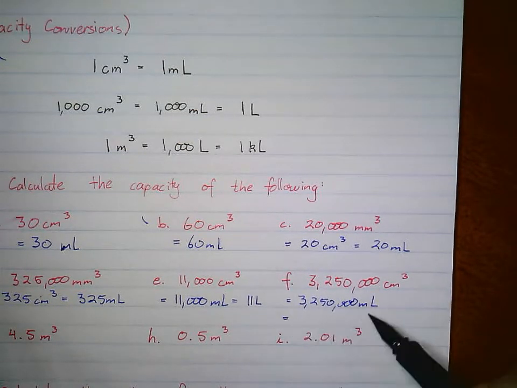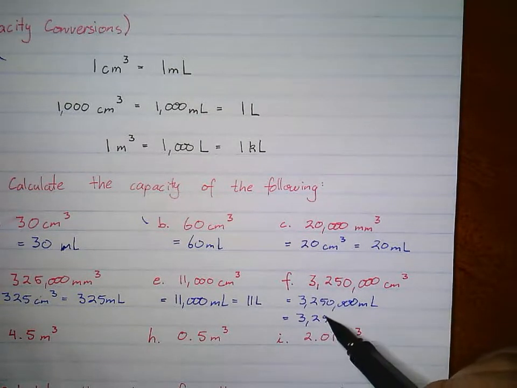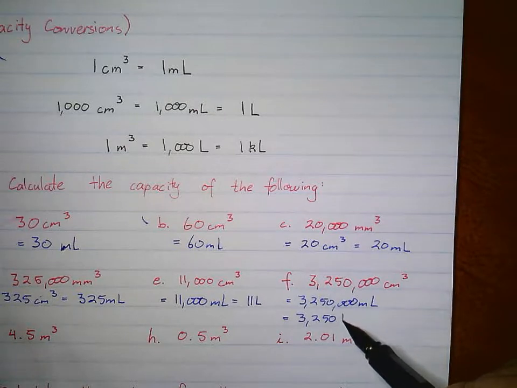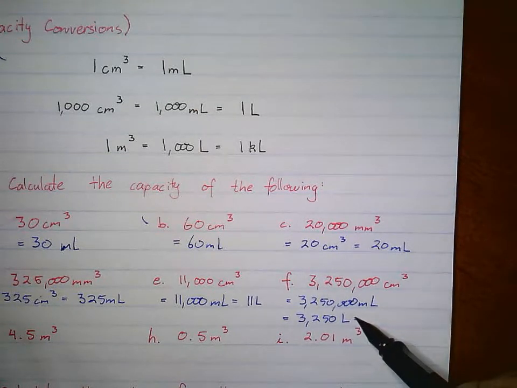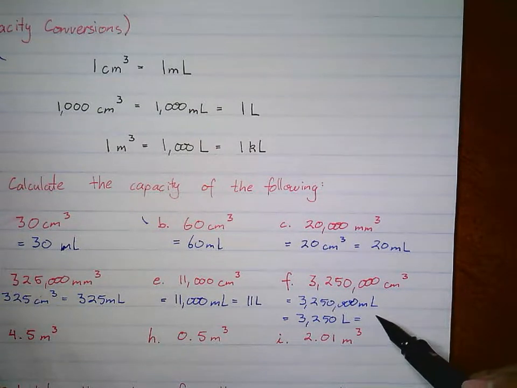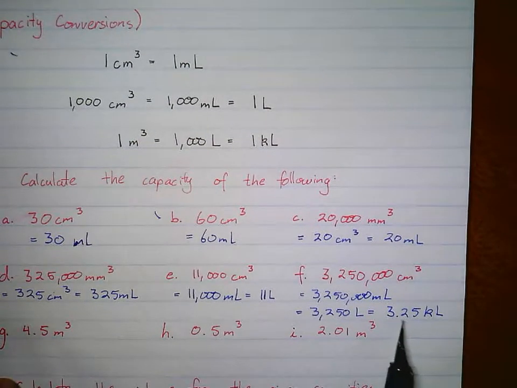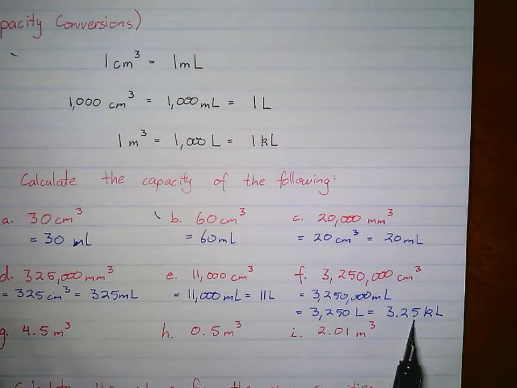Converting this into liters, dividing by 1,000, is 3,250 liters. And dividing this again by 1,000 gives us kiloliters, which is 3.25 kiloliters. It's best to convert as small of a number as we can. So we have this in kiloliters.